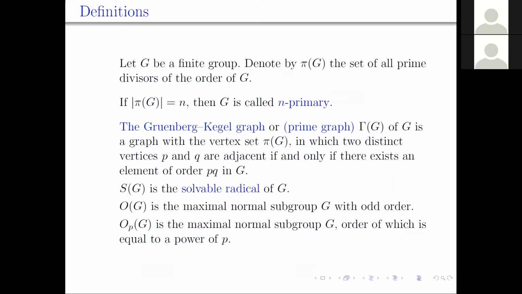Let G be a finite group, and denote by pi(G) the set of all prime divisors of the order of G. If the order of pi(G) is equal to n, then G is called n-primary.